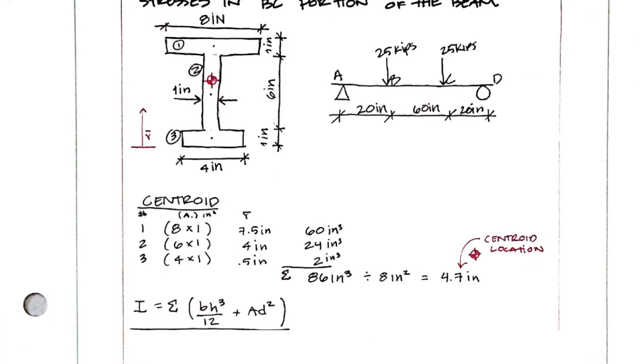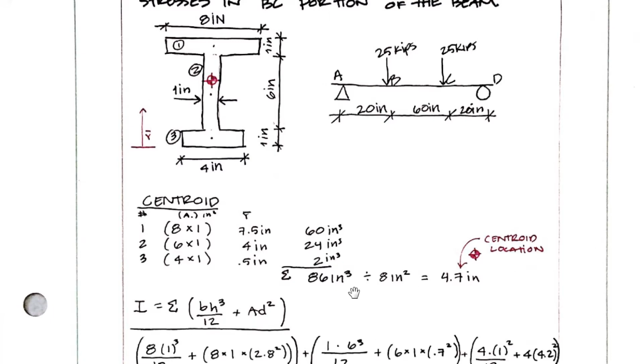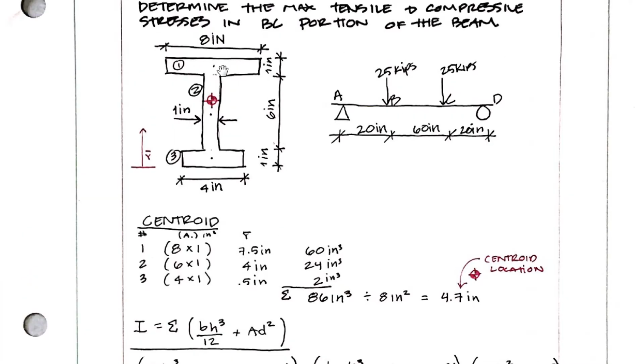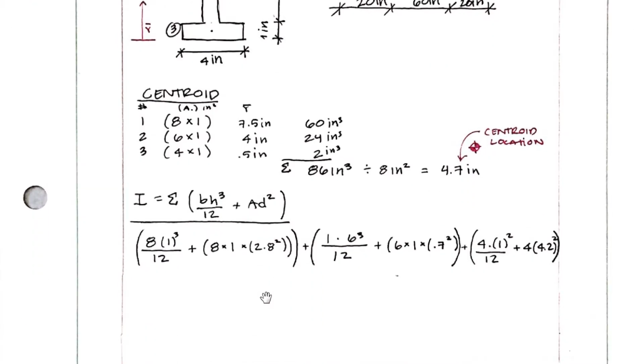The I calculations are pretty straightforward. Make sure you type them in the calculator correctly. But since we are summing all of the sections, we are finding this distance to the centroid for each one. So for section 1, we will be taking this center part, referring it back to our centroid, and then squaring it.